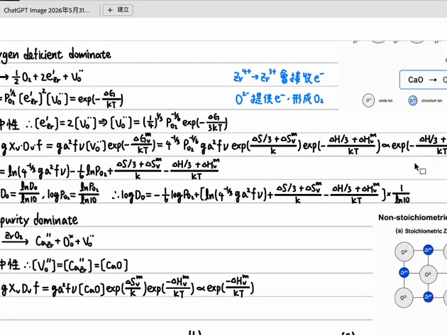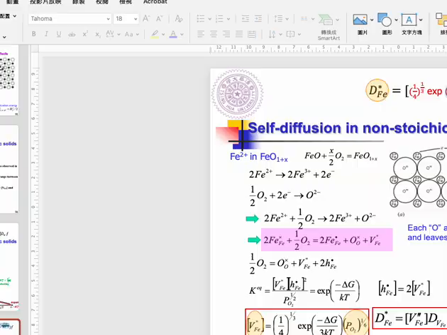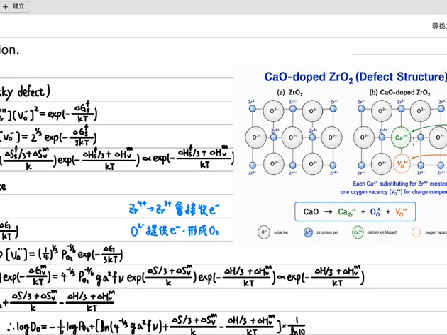Because actually the calcium should occupy the Zr site, right? So the vacancy at Zr has negative charge, so I should have a calcium here. So this drawing is actually wrong and not that right. So ignore this drawing.